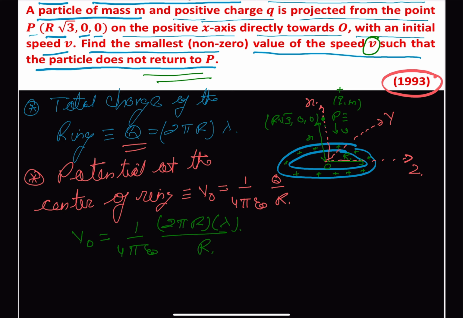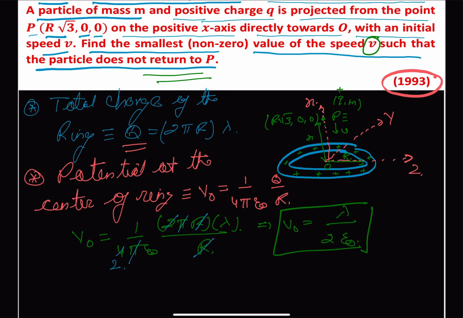The pi and pi, r and r cancel out, and 4 goes by 2. So we get V naught equal to lambda upon 2 epsilon naught. So this is the potential at the center O.